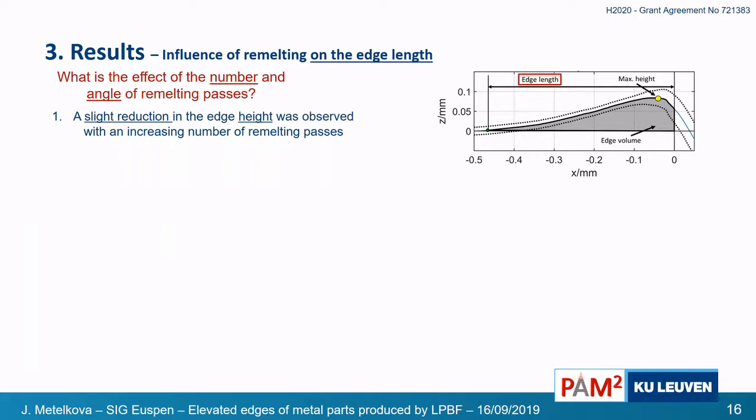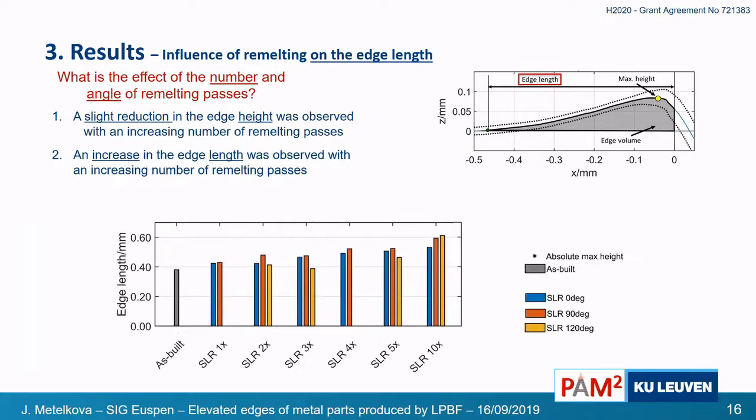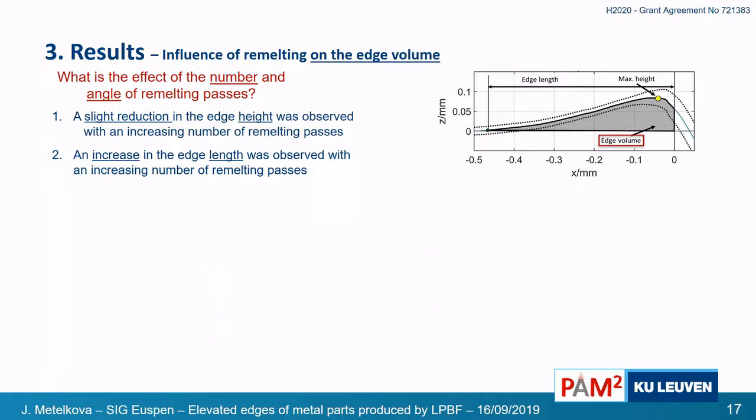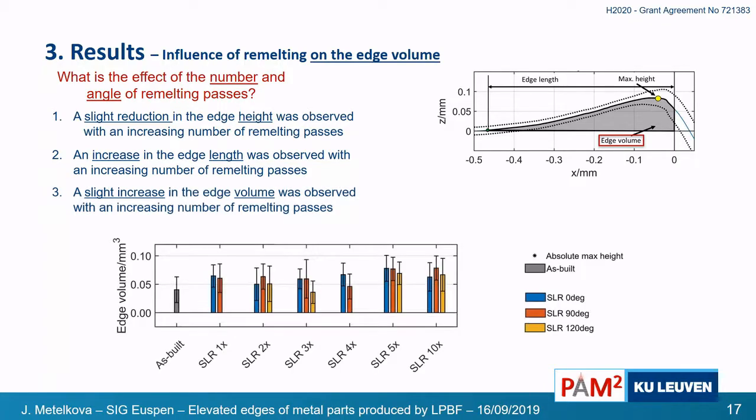Then, if we have a look at the edge length, we can clearly see that the edge length is increasing after the first remelting pass and keeps increasing till the 10th remelting pass. And concerning the edge volume, it increases after the first one, but then stays about constant or only very slightly increasing. So in the end, what does it all mean?